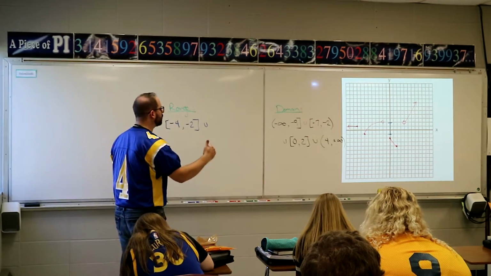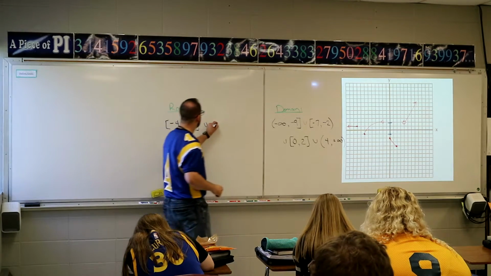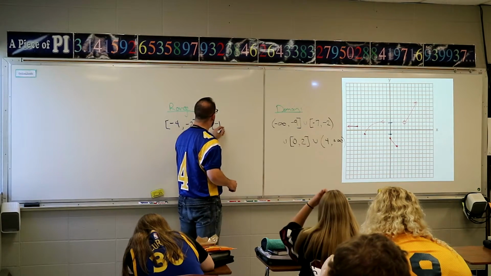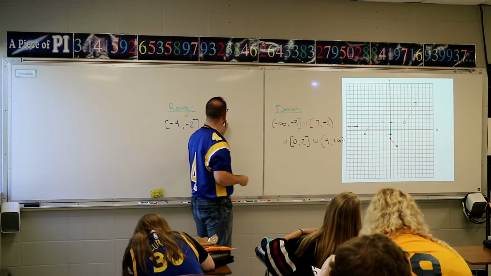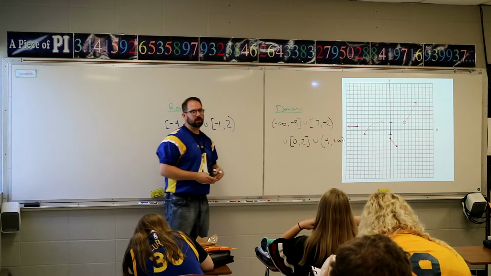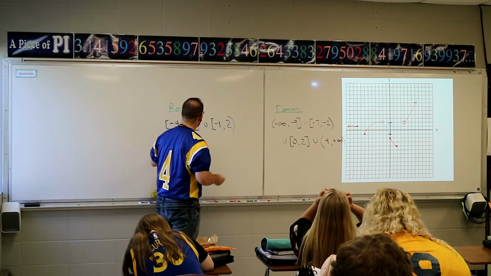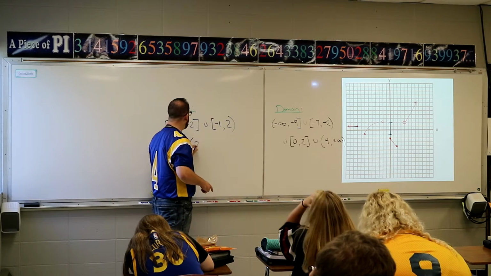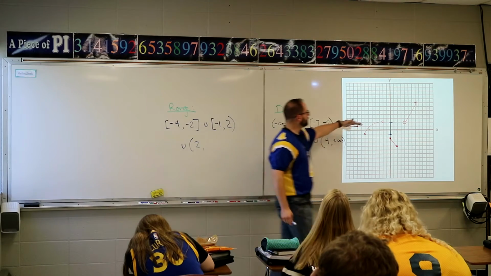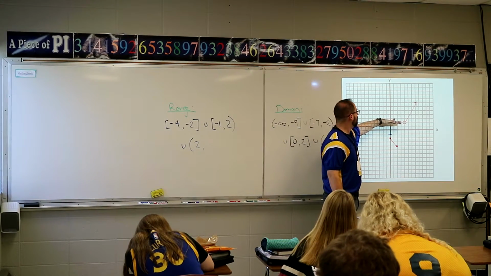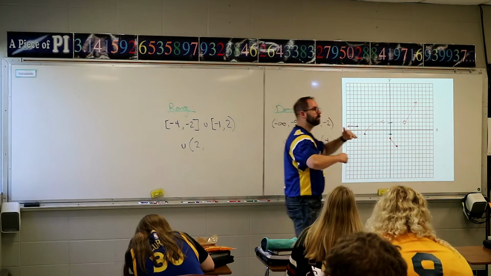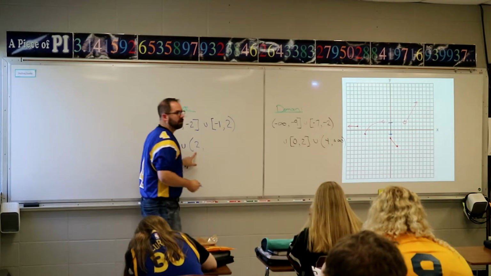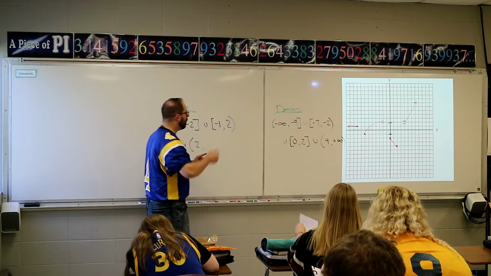So I'm going to go from -1 with a bracket up to, what is that number? 2, and have a parenthesis. Then we do another union, that would be normally right here. We do another parenthesis where we're picking up at 2 again, because that was an open circle, so I cannot include 2. So I stop at 2, and I pick up right after the number 2. I know that's really goofy. And then I go up to positive infinity.